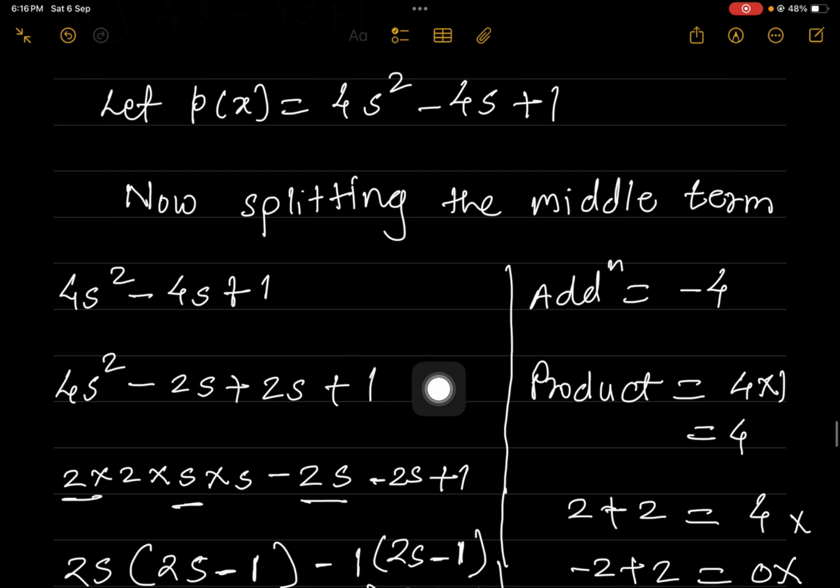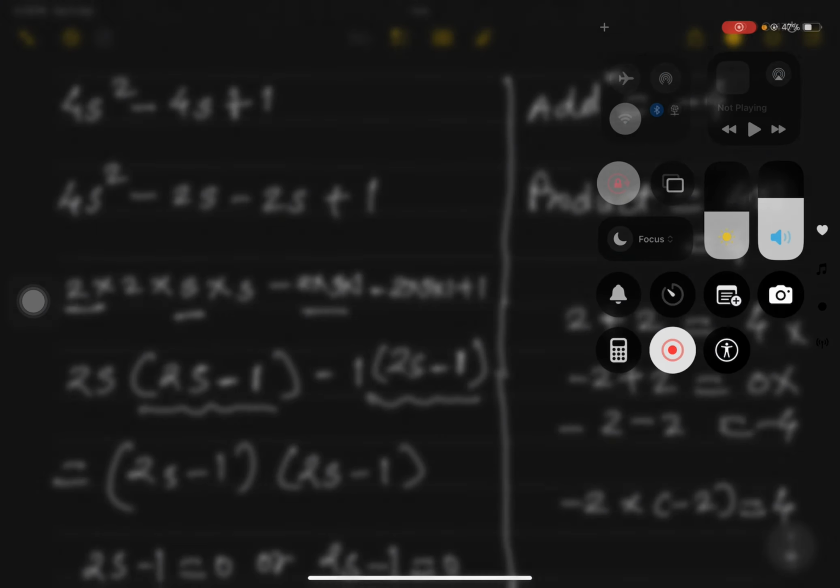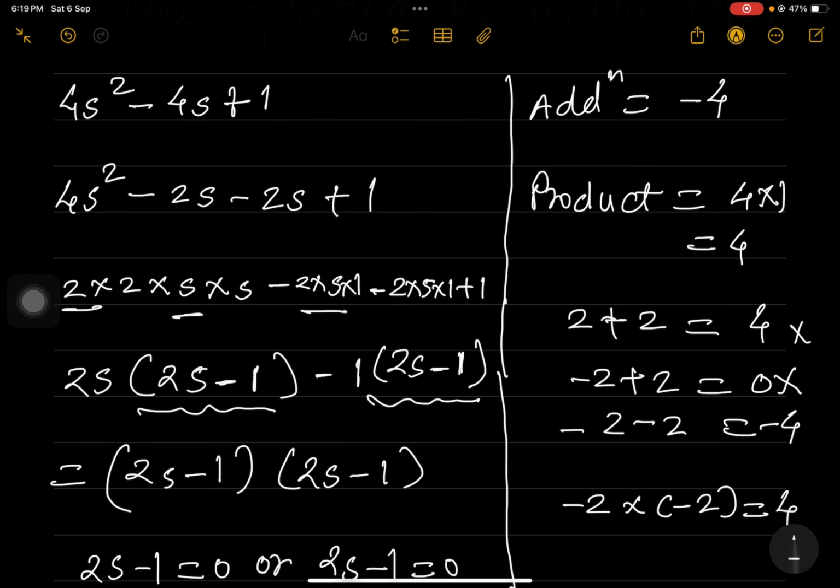Understood? Now see, 4s square minus 2s and minus 2s plus 1, meaning instead of minus 4s we are writing minus 2s minus 2s. Now again we are writing in the prime factorization method.